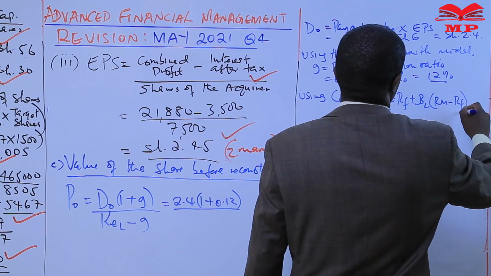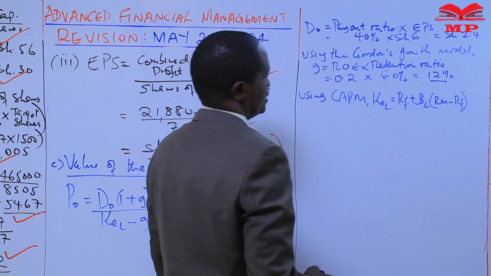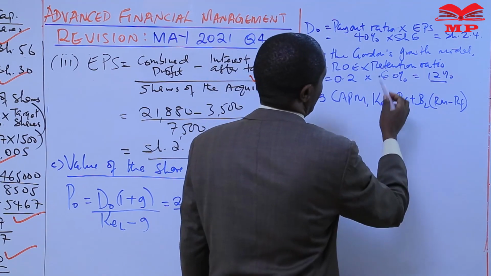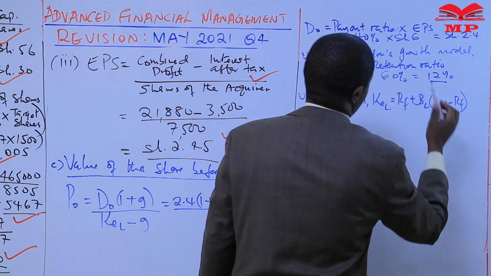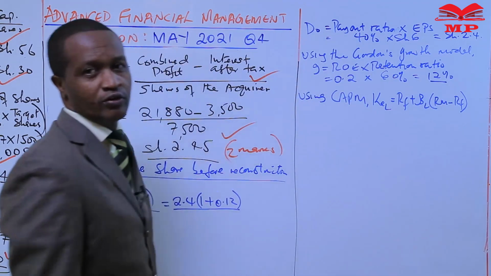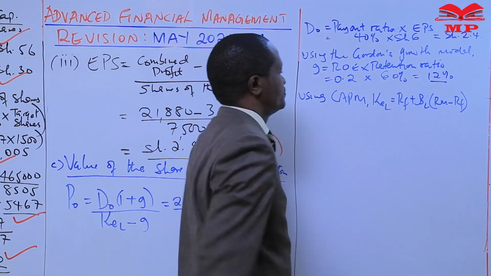This is the premium. That gives us the cost of equity of the levered firm.